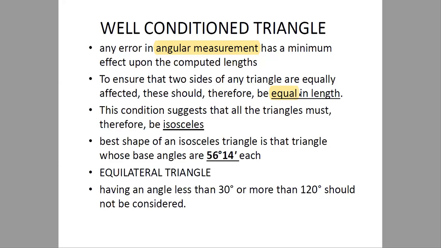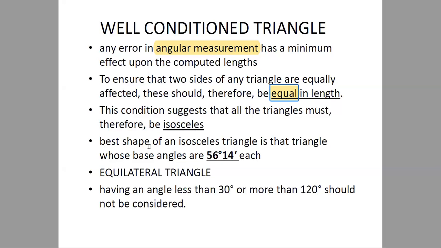So if these are equal in length, the error due to the angular measurements will be equally divided among them. This condition suggests that a triangle must be an isosceles. Okay, means the two sides that we need to find out must be equal. For that it should be an isosceles triangle where two sides are equal.